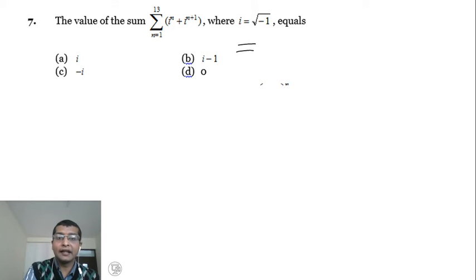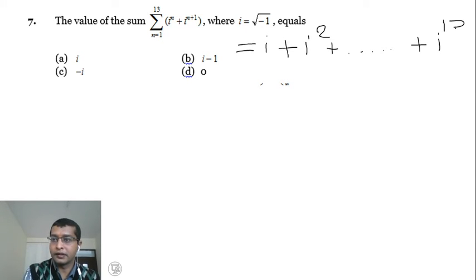So I take n equal to 1, I get i, next i square, and so on, like that. So we get the last term i raised to 13.